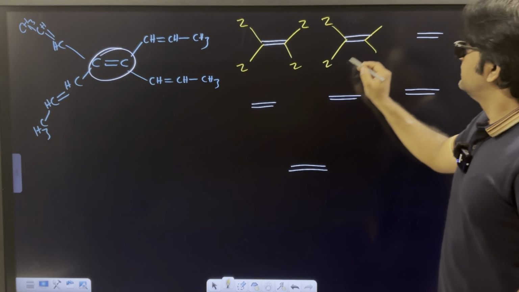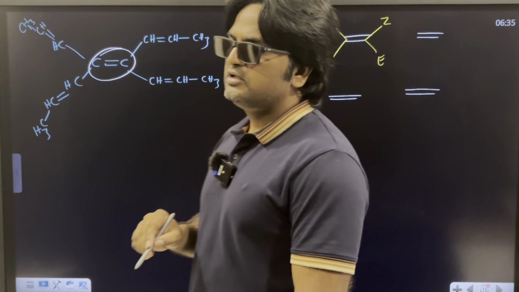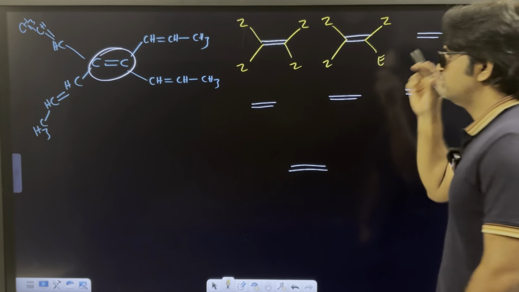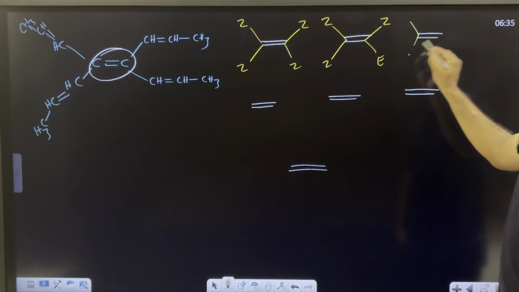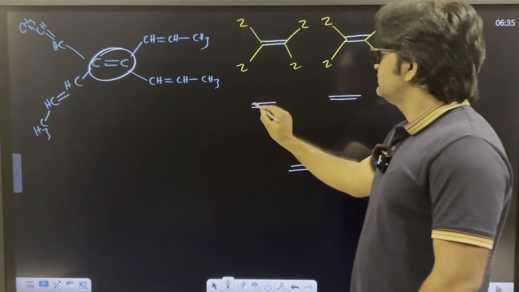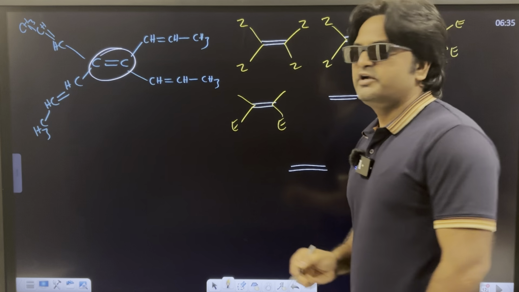Z, Z, Z and E. Wherever you take the E configuration, that gives the same structure again. For example, in the third one, if you take Z, Z, E and E, here we can take one more possibility: E and E on different carbon atoms.